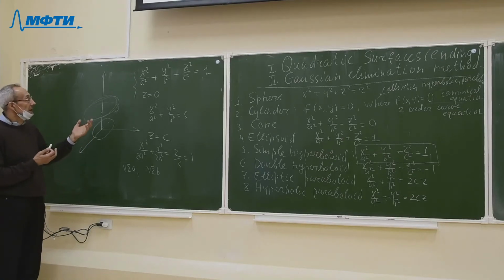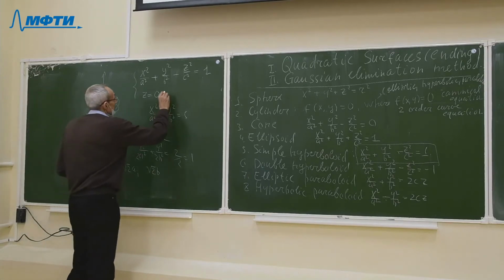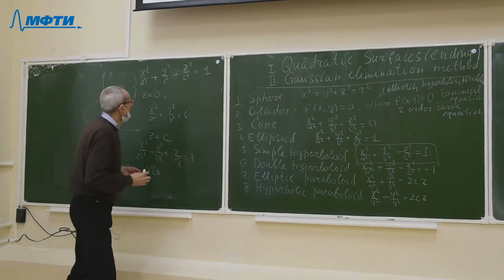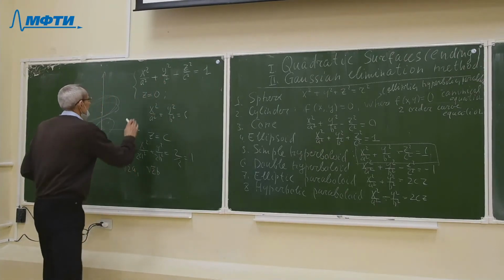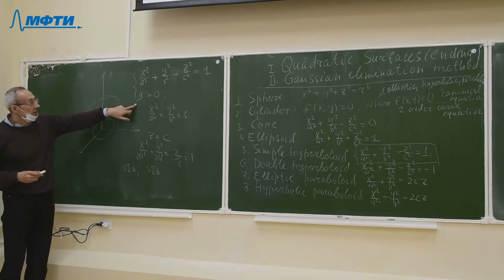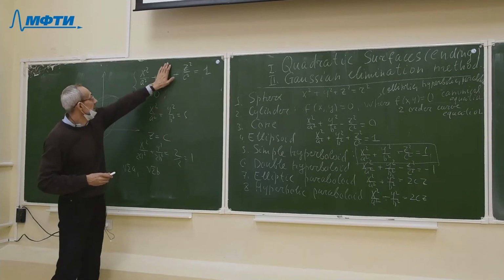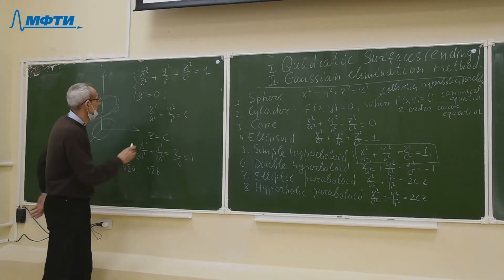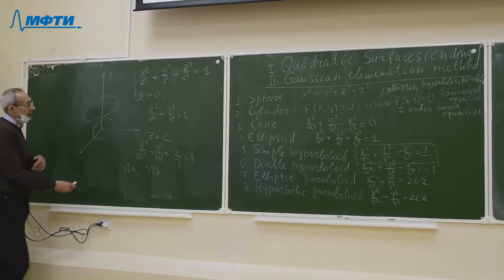We can better understand the form of our surface if we consider another section by another coordinate plane. For example, let's put y equals 0. In this case, the intersection of this coordinate plane and our surface is a hyperbola. We put y equals 0, and we obtain the equation x squared divided by a squared minus y squared divided by b squared is equal to 1.